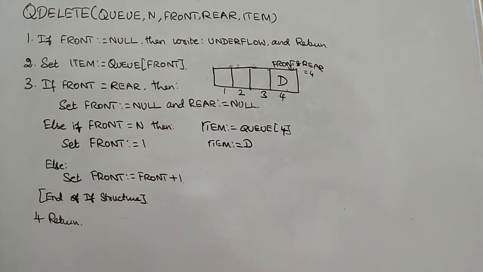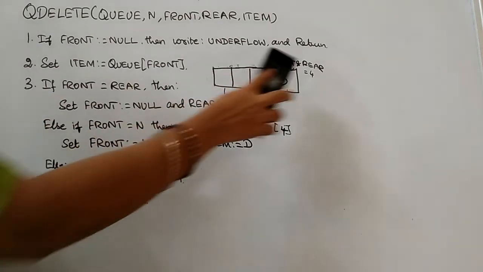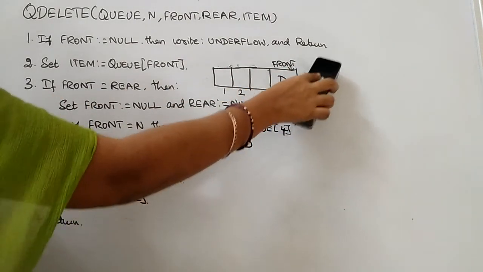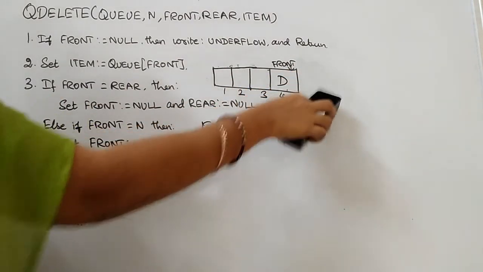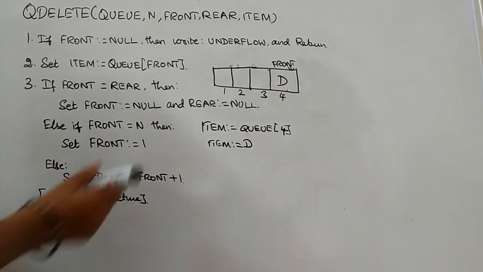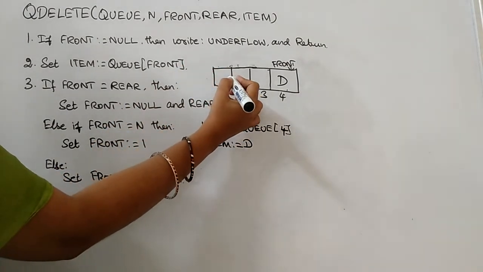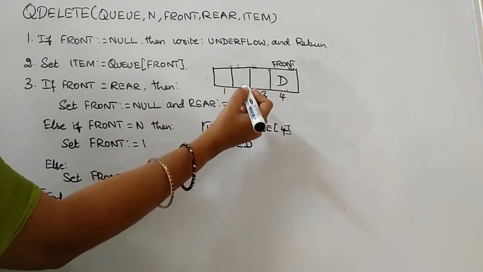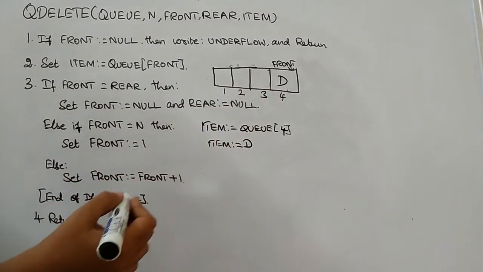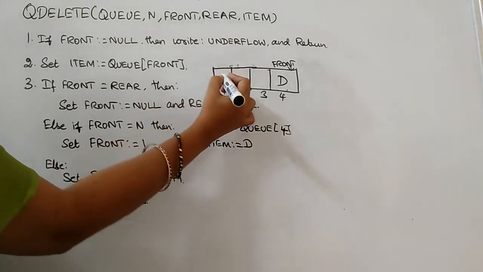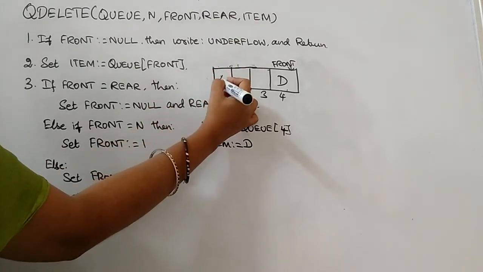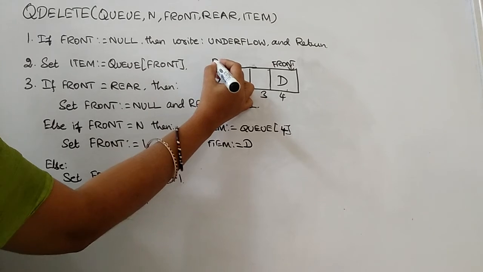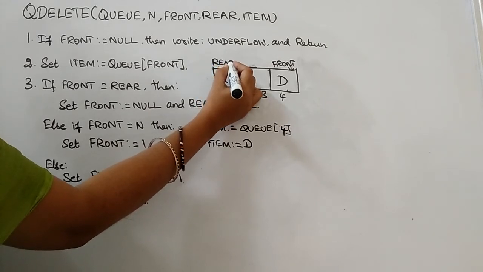Okay, so let's do one thing. Instead of setting rear here, I am just going to set this n as the rear.